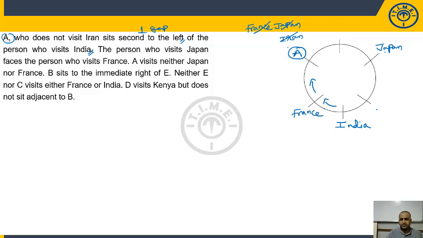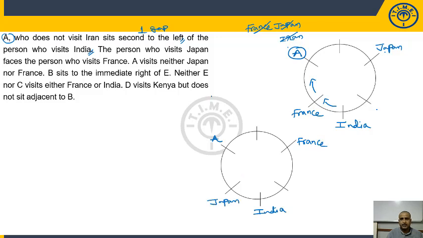So it is leading to two possibilities. India is already there, here it is A, and in this case here it is France and here it is Japan, or the reverse. A is not from Iran, and also not from India, because India is already written in another position.